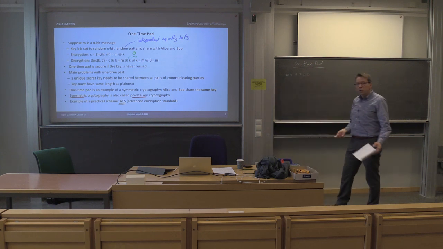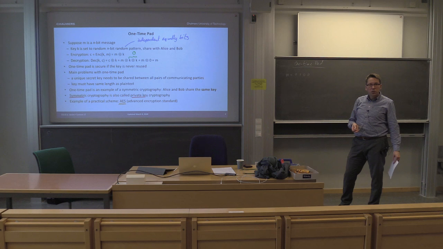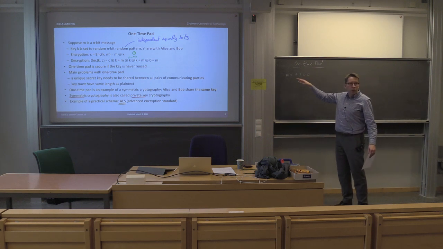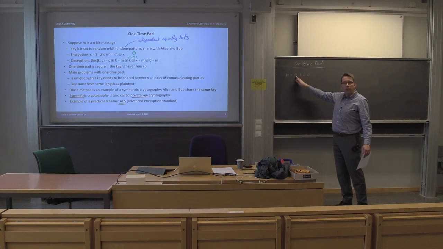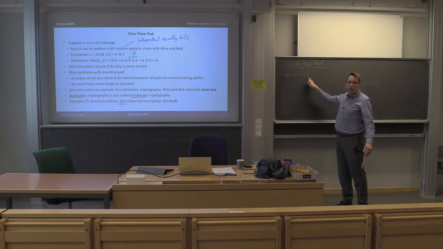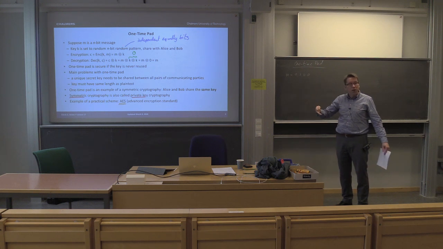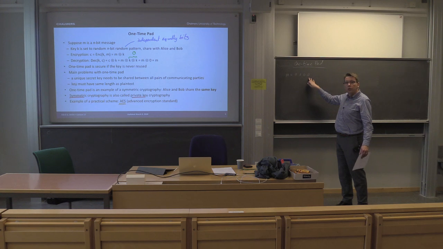This message is generated by Alice. We can think of this as something that Alice has generated. We don't know the statistics behind this. We don't know the probability that the first bit would be a 0, the second bit being a 1, or something like that. But we can assume that there is some type of distribution of these bits. It's just that we don't know that. And we don't want to tailor the encryption scheme to be reliant on the statistics of the message. We want that to be safe in all respects.